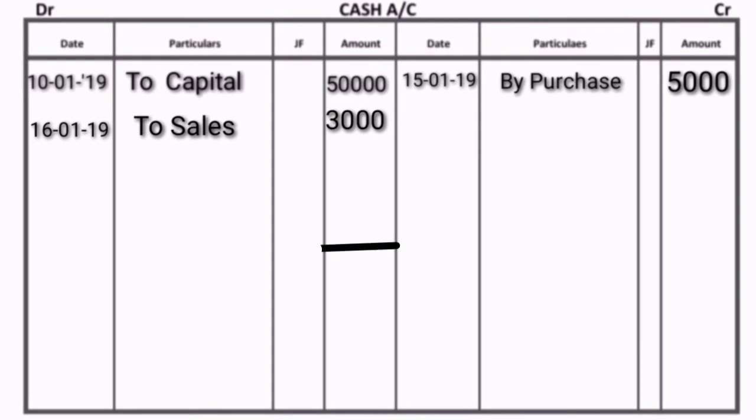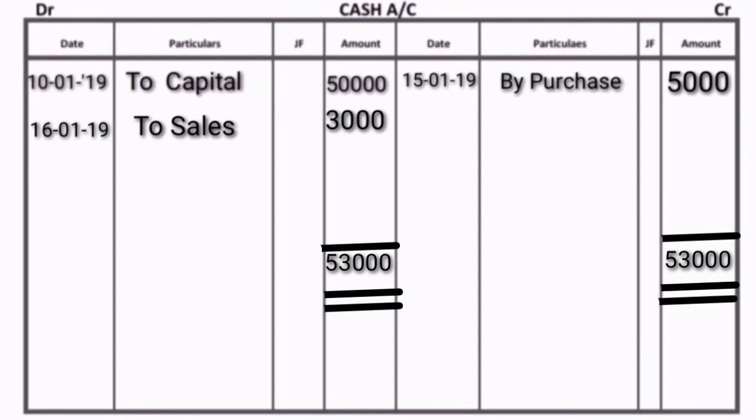This 53,000 we can write on both sides, debit side and credit side, and give a double underline. Here the debit side is more than the credit side. What is the difference amount here on the credit side? Credit side only 5,000.